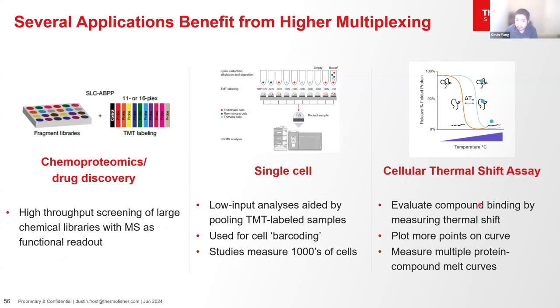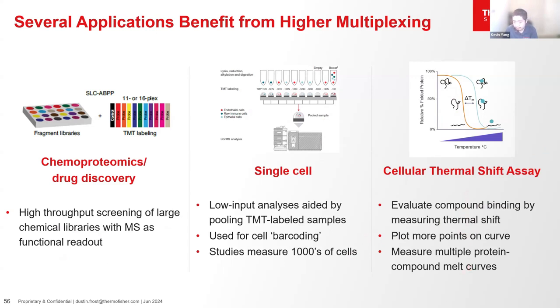And cellular thermal shift assay: in this assay, people like to have all the points to draw the curve in a single injection. So you can apply 10, 16, or 18 channels to get the curve from a single injection. They call this a self-controlled, self-contained experiment, right? So all these approaches are where TMT is still driving the discovery.